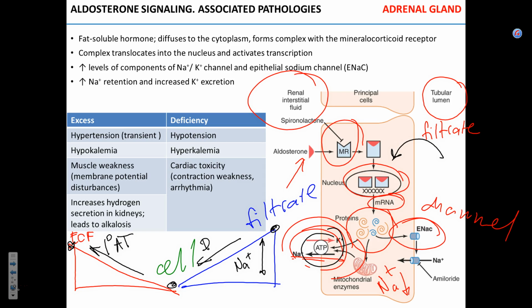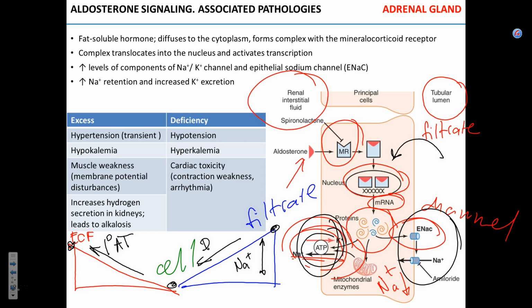Now, if you increase pumps and channels, more sodium is going to be pumped into the blood, and more sodium will diffuse in. Does that make sense? It's like a chain of events. Okay? So sodium will end up in your blood.